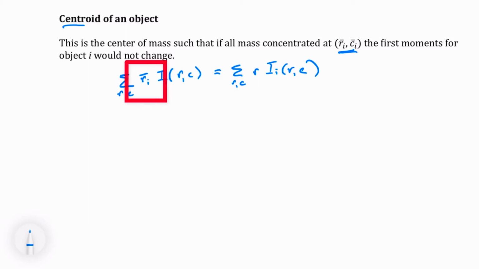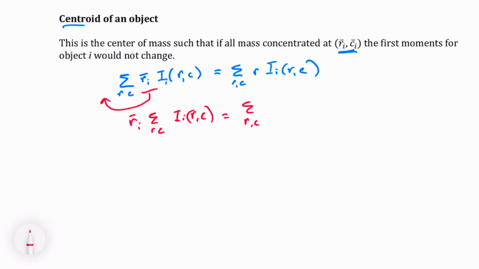So this special value, since this value is a constant, I can pull it out front. And so I get that R bar i times the summation over RC of my indicator function of RC is equal to my summation over RC of R times I i of RC. And so now I can solve for what this R value is.